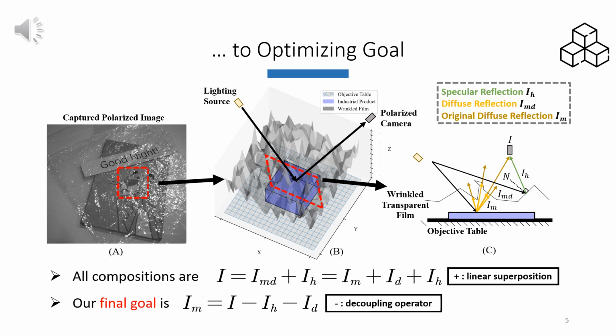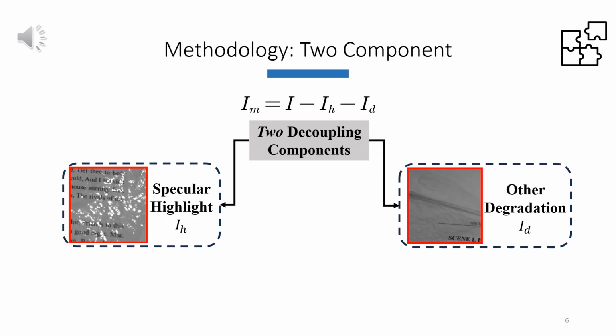This reconstruction is crucial for ensuring the accuracy of industrial downstream models, which rely on clear, unimpeded visual information. Based on this model, our whole framework is based on an end-to-end reconstruction network for decoupling these two parts. Before that, to support the network for decoupling IH, we estimate a polarized prior for locating the highlight regions.